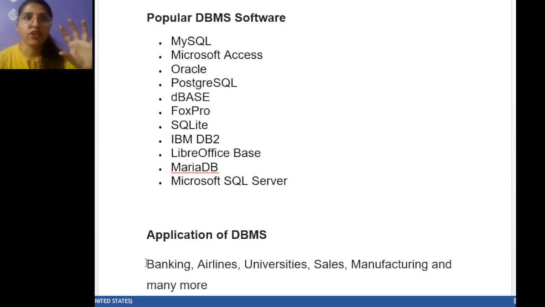Depending upon the model you want to use, you will choose one, but the basic concepts of what a DBMS does, how it does it, what a schema is, what a primary and foreign key is, all remain the same.